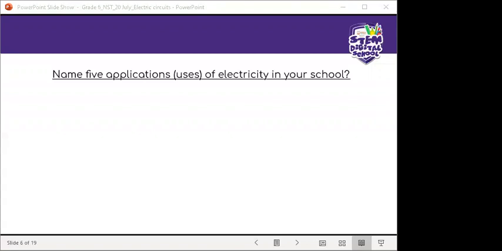There's a smart board. There's also laptops for ICT, and then where the teachers print their things, there's a photocopy machine.